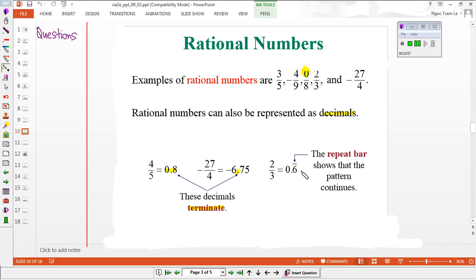It means it stops. However, sometimes the decimal will repeat. In this case, 2 over 3 is the same thing as 0.66666. You don't want to just write the number 6 many times. So in this case, you need to write a bar. This is called the repeat bar, on top of the number 6.